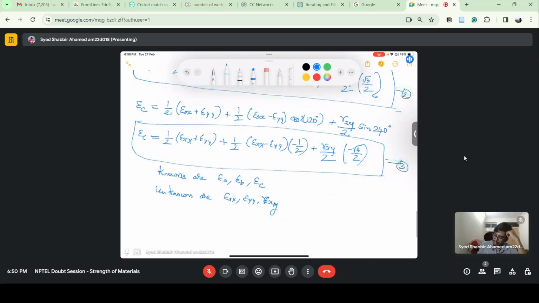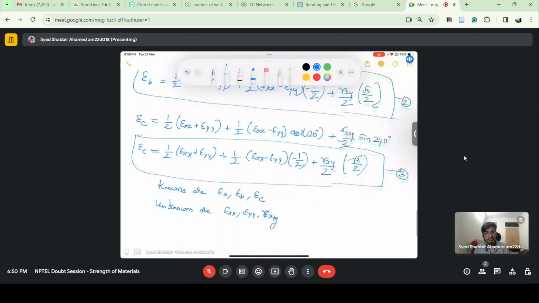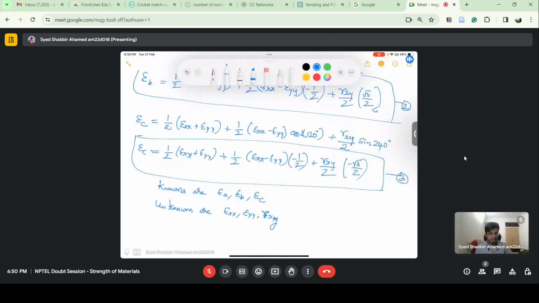So we have three equations and three unknowns. Using substitutions, we can use these three equations to find out the values of epsilon xx, epsilon y, and gamma xy.